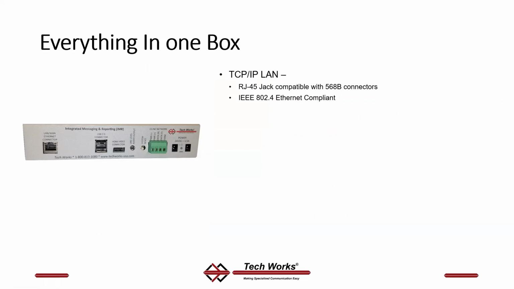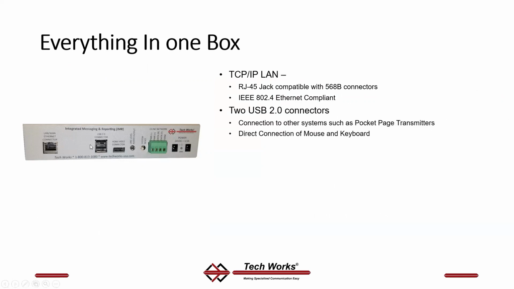It's 802.3 Ethernet compliant. There's 2 USB 2.0 connectors. Those are for connecting things like pocket pagers or other serial device interfaces, but they also directly connect for a mouse and a keyboard if you want to plug one in here for some type of editing.